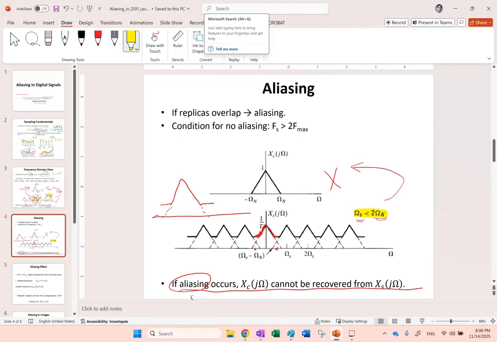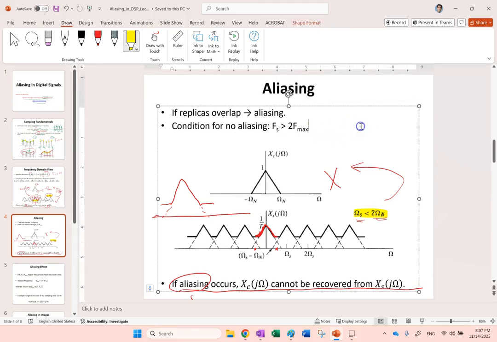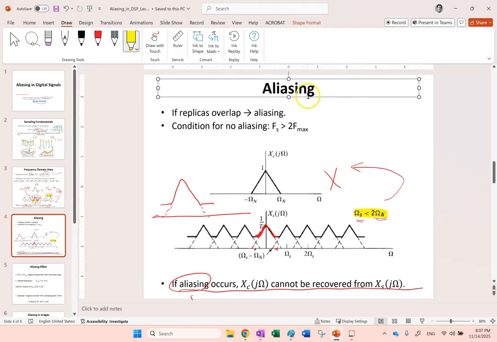Now, you might say, fine, you get the replicate, you cannot get it back, and so on. Is there any kind of visual effect or anything? Is there any distortion in the actual signal? What happens if this digital signal is an image or it's an audio or anything like that?